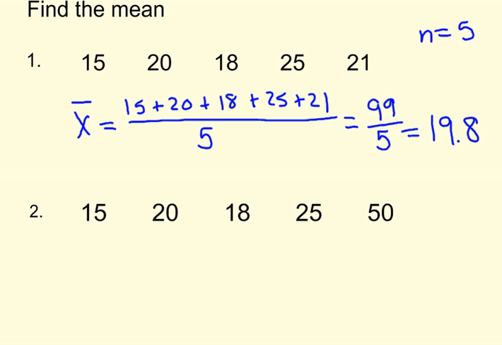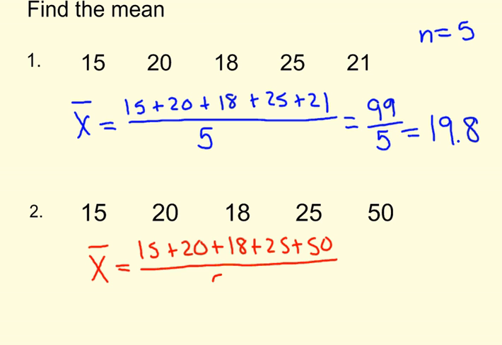In the second data set, I again have 5 data points. And again, I will take the sum of the 5 data points divided by 5. This will be 128 divided by 5, which is 25 and 6/10.